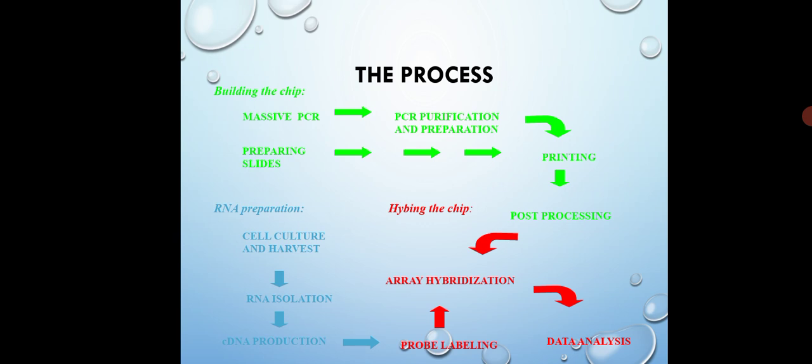So this is the entire mechanism of a DNA microarray, where it starts with the expressed mRNA collection and conversion of the mRNA to cDNA, then hybridization of the cDNA to the molecular probes, where hybridization takes place between the cDNA and the probe attached on the chip.